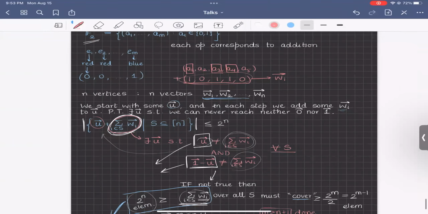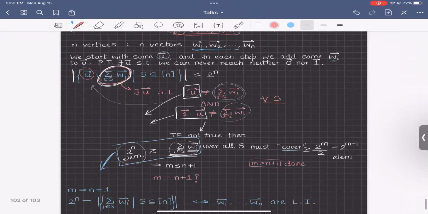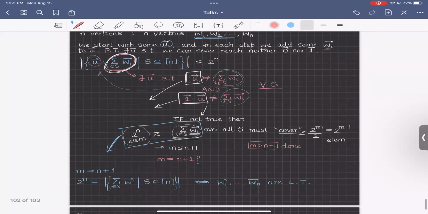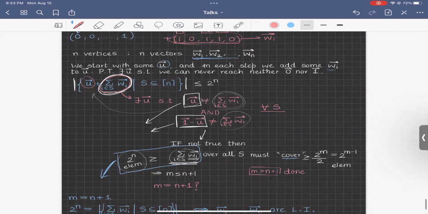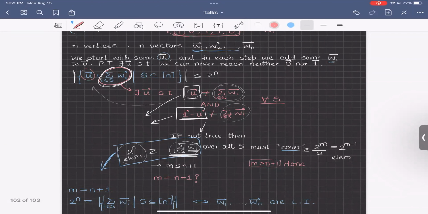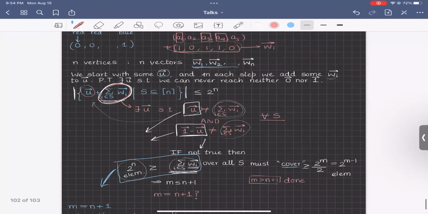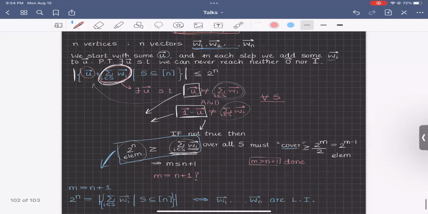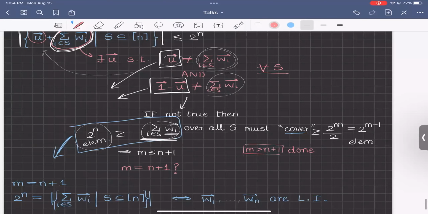Okay, then if we prove that we can get a linear combination of W1, W2, and Wn such that it is congruent to 0 modulo 2, then we would be done, right? Not congruent, equal to the 0 vector, like the 5-tuple 0, 0, 0, 0, 0. Yes, you're right.